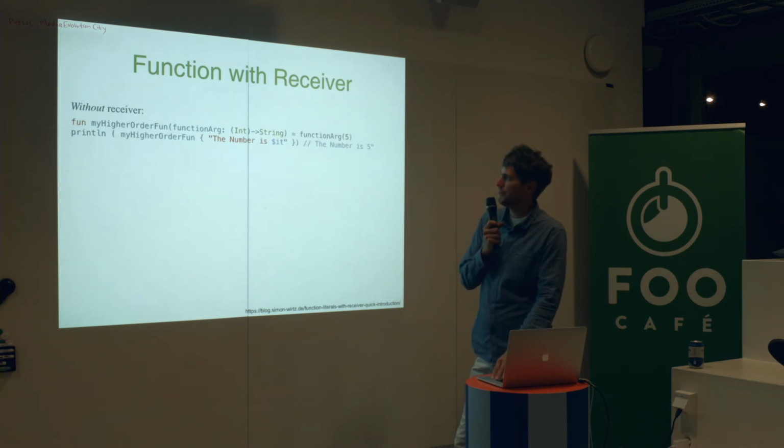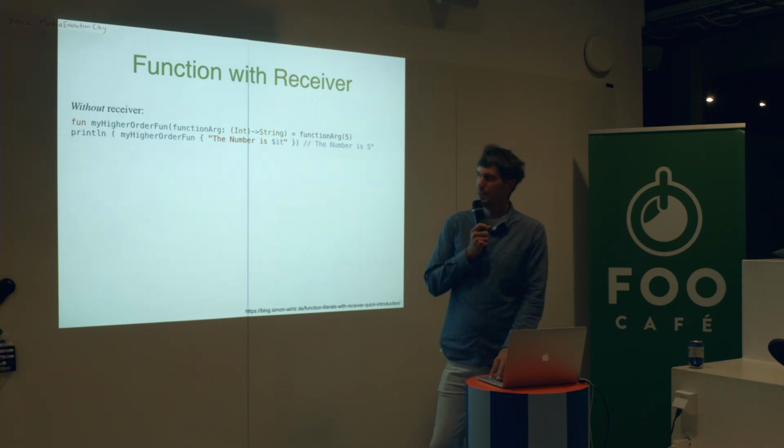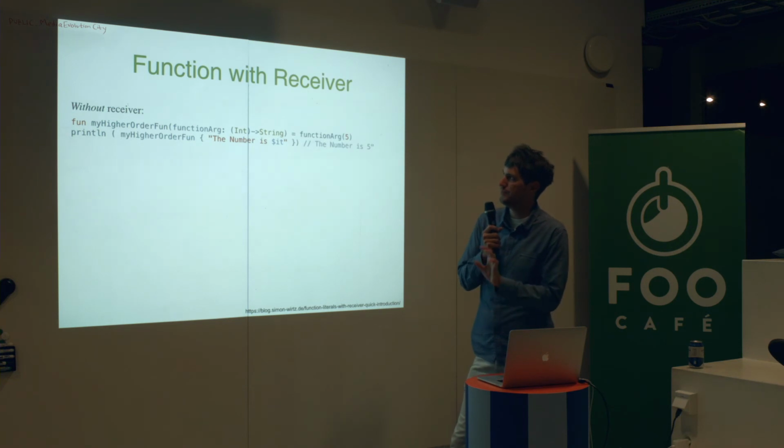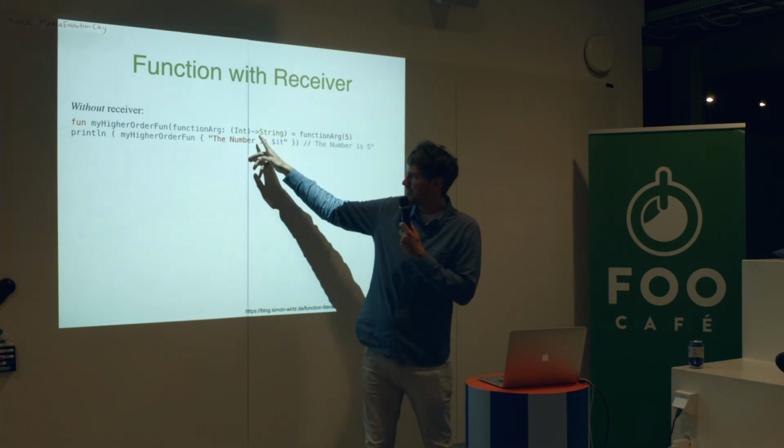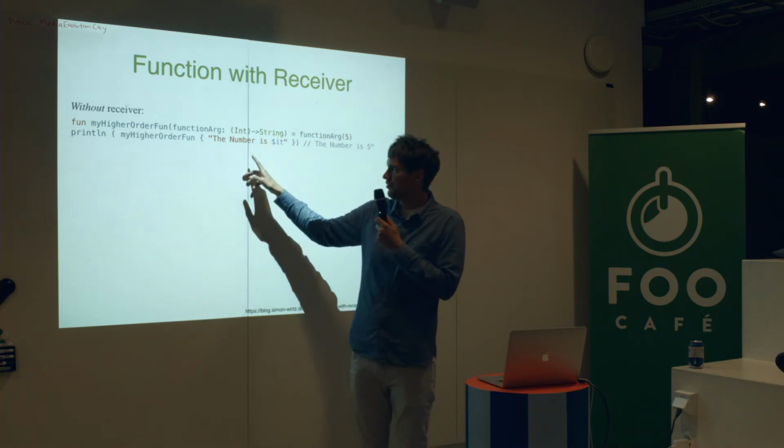Okay, so now we're going to talk about another really interesting thing about Kotlin, and that is when you have a function with a so-called receiver. So this is a typical higher-order function that we have seen before.